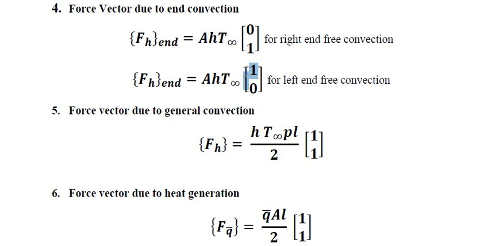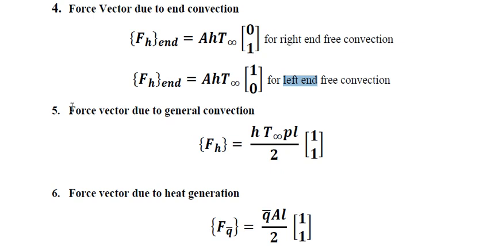Similarly [1 0] if left end is having free end convection. So end convection is of two types, right end convection and left end convection. Therefore there are two types of force vector depending upon which end is having free end convection.